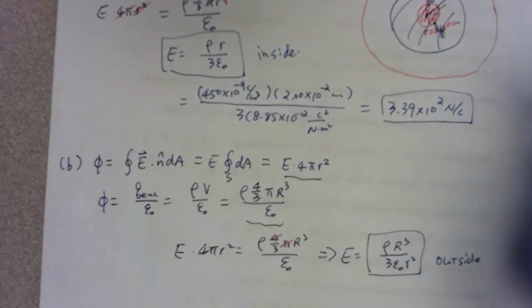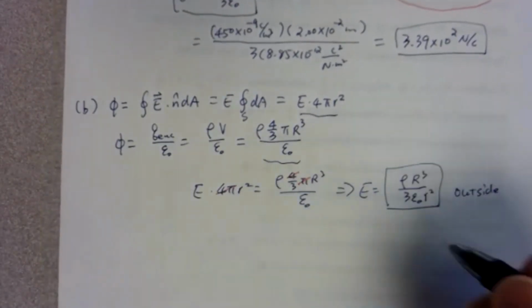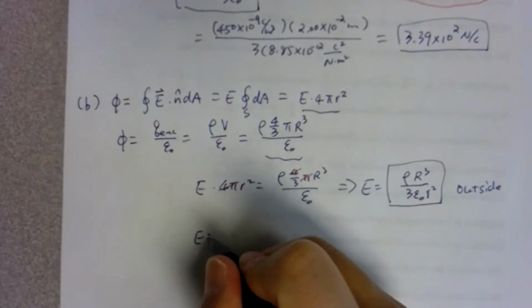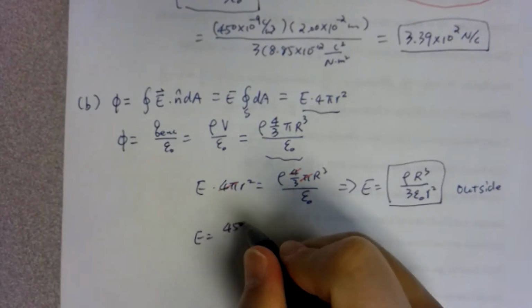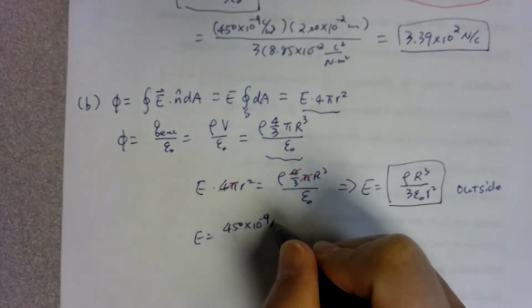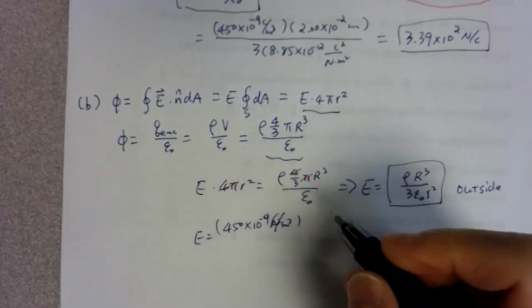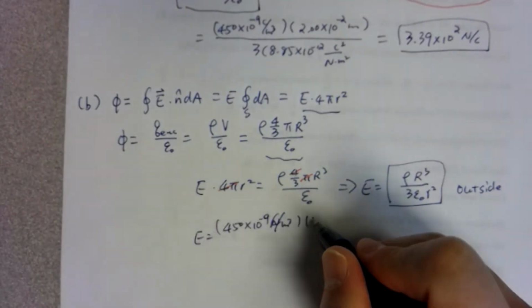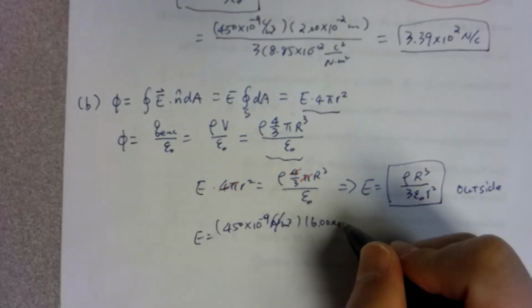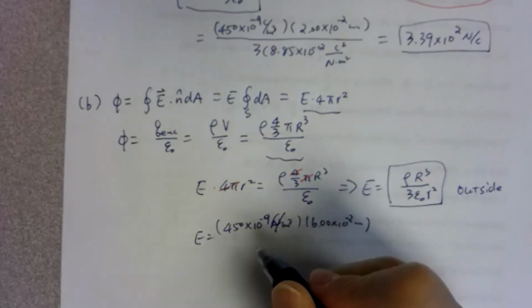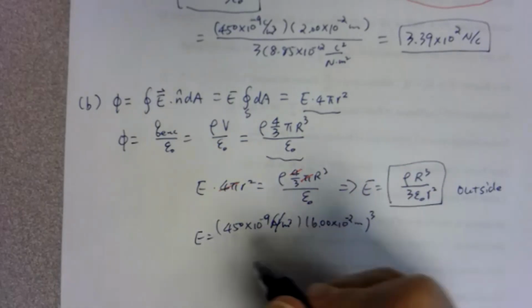Now we can plug in the numbers and calculate this again. E equals 450 times 10 to the minus 9 coulombs over meters cubed, and in this case, instead of the small r, it's 6 times 10 to the minus 2 meters, or actually cubed.